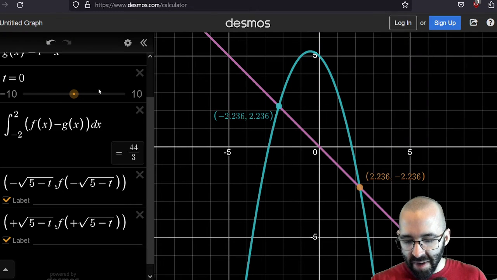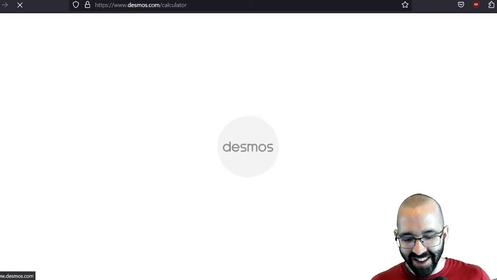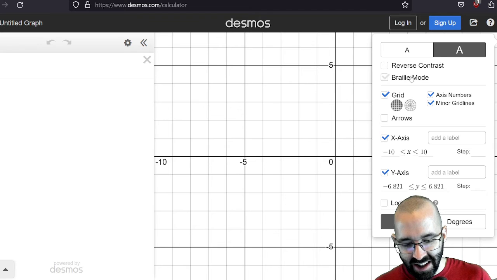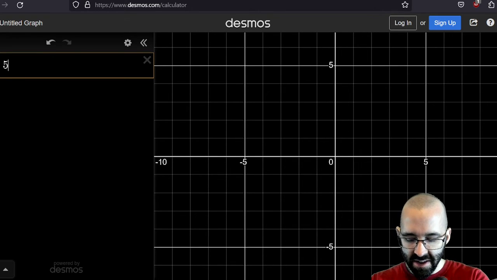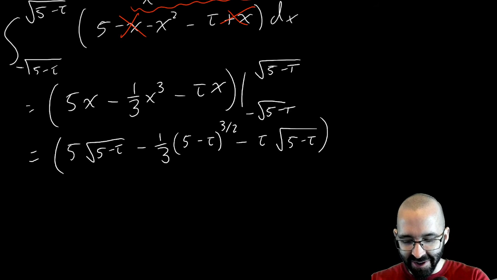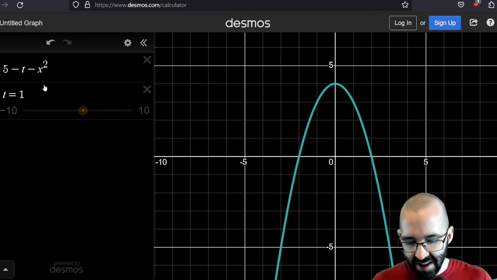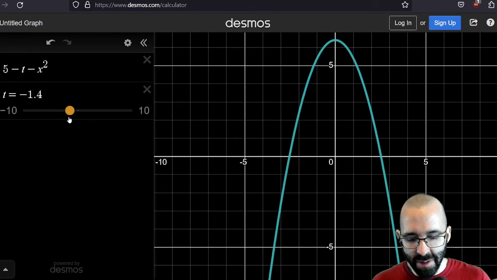It's some number minus x squared. Look at this integral and tell me what you see. It's 5 minus t minus x squared. No matter what t is, what do you notice about this integral that we've talked about in this class?